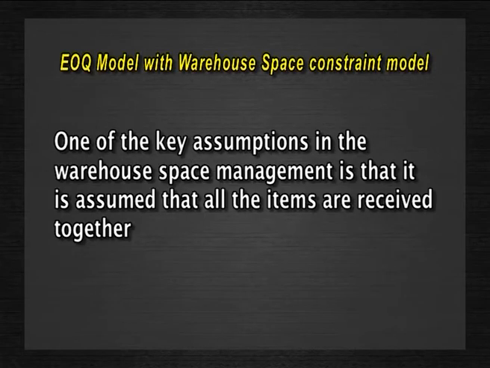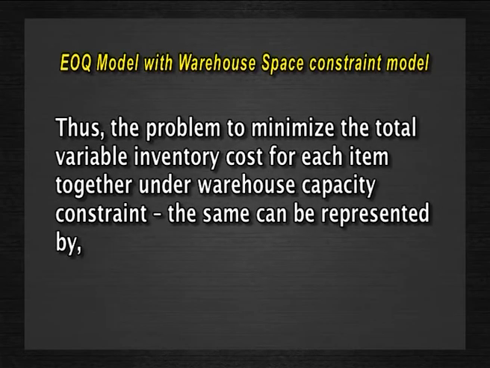One of the key assumptions in warehouse space management is that all these items are received together. Thus, the problem is to minimize the total variable inventory cost for each item together under the warehouse capacity constraint.